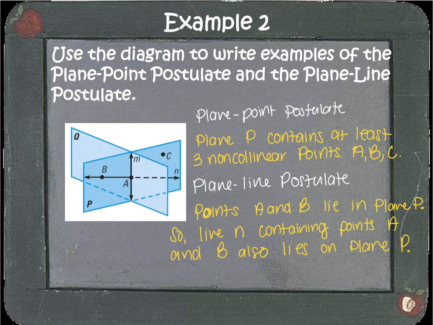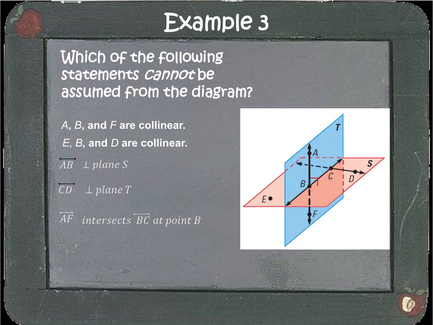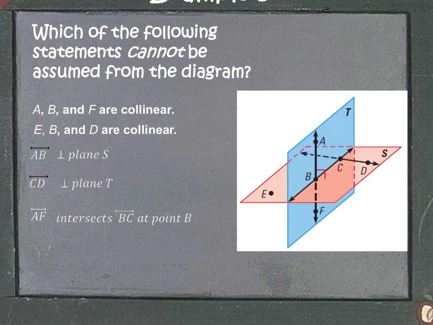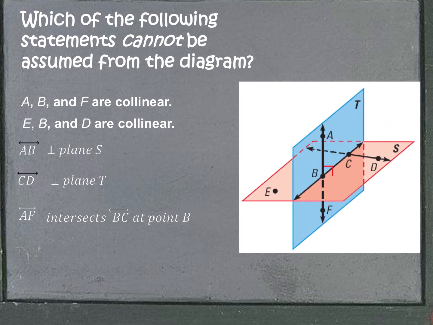All right. Example number 3. Which of the following statements cannot be assumed from the diagram? So, looking at the diagram and looking at the statements they're giving us, which ones can we not assume? Meaning, which ones can we not say, oh, I think it might be that? Okay, we can't assume it, it has to be given to us. So options we have: A, B, and F are collinear.